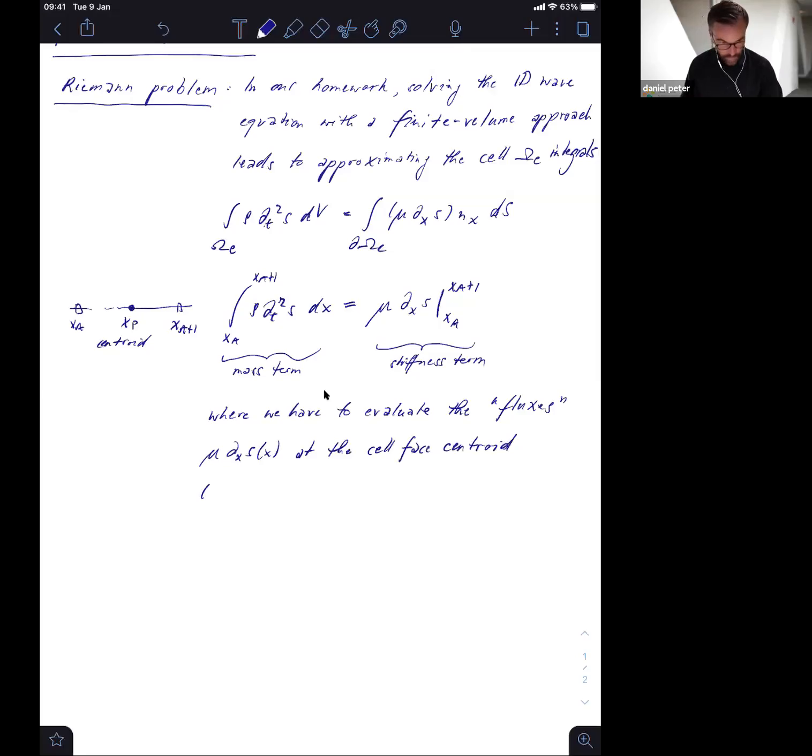So the cell corners in 1D are also the face centroids.